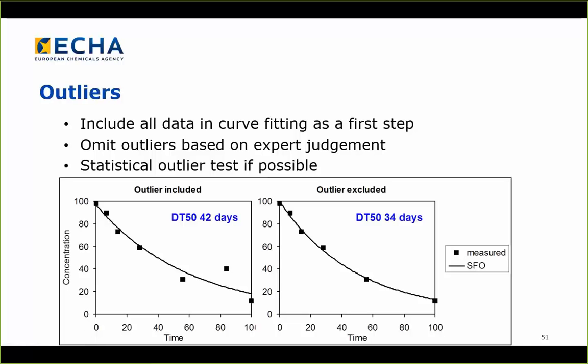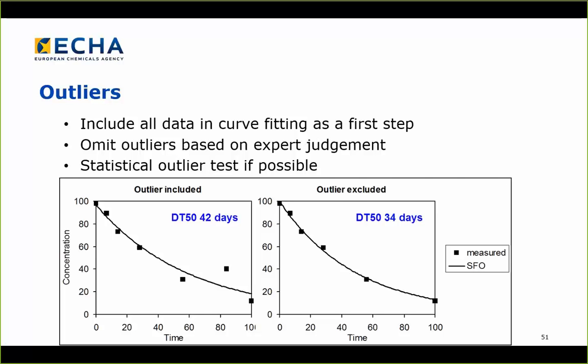Now, with regards to perceived outliers, before you did anything to the kinetic data set, you would run kinetic analysis on all the data, including any data points where you think it's an outlier. Whether the analysis is repeated removing your outlier is based upon expert judgment.